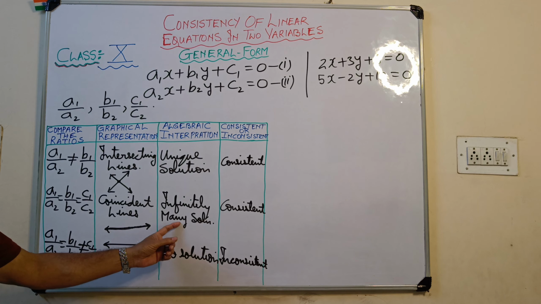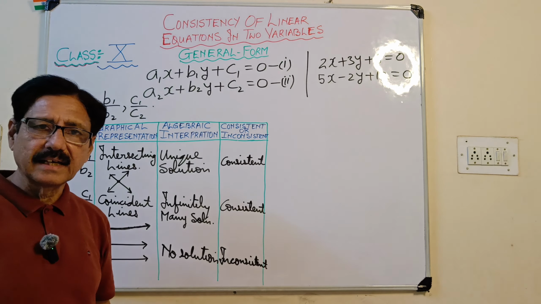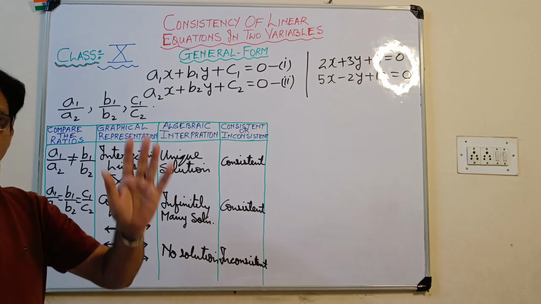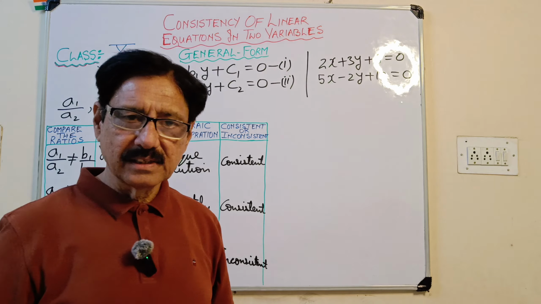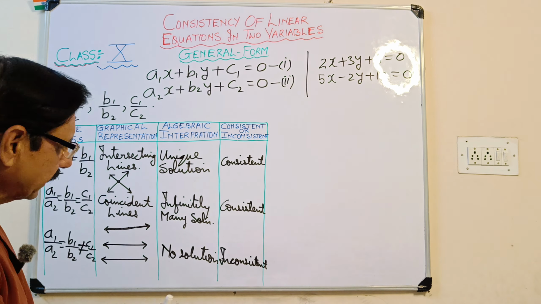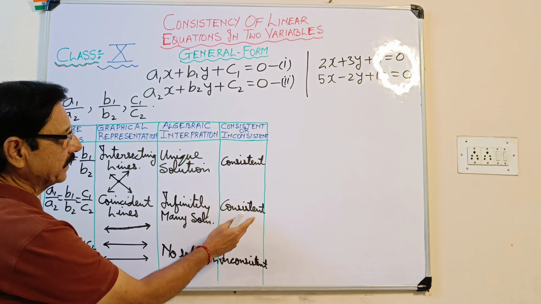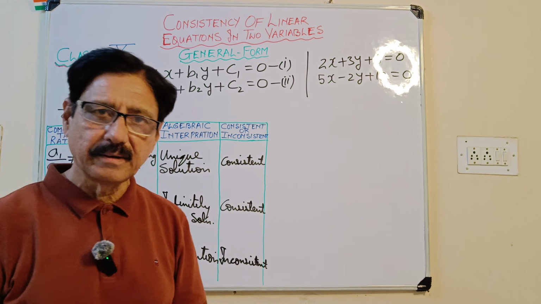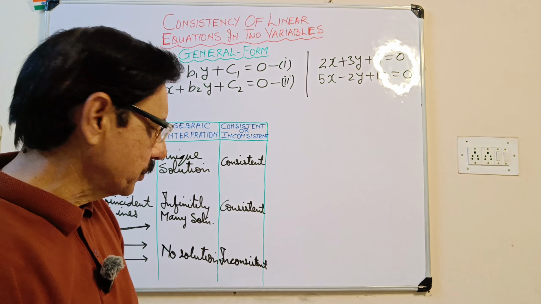Here there are infinitely many solutions, because both the lines coincide with each other, so every point is the solution. A line has no end, so infinitely many solutions. And for consistency, they are consistent because we are getting the solution.